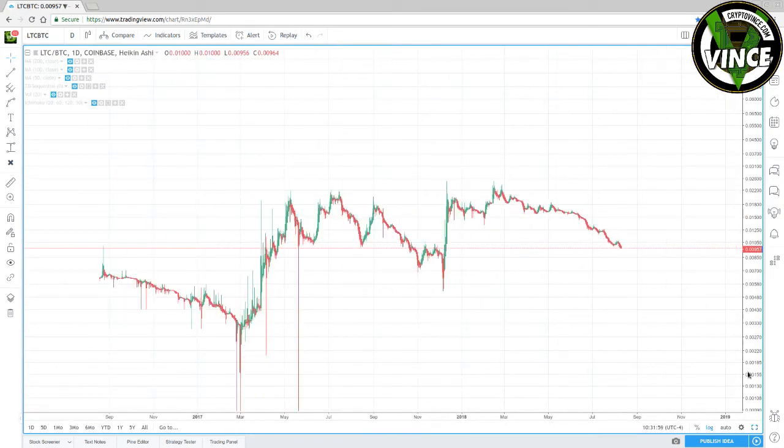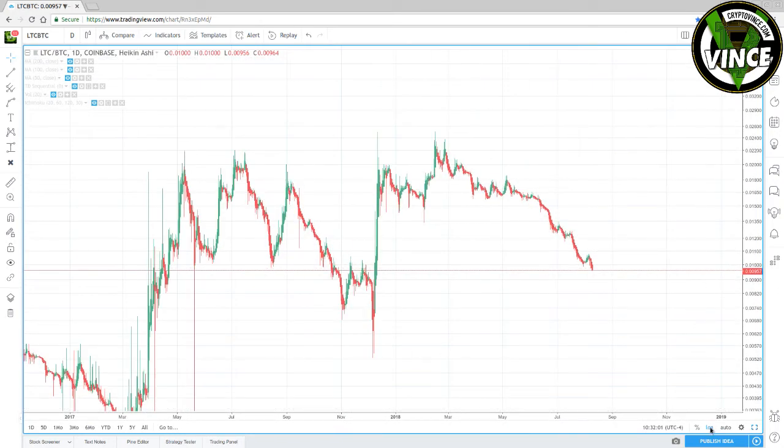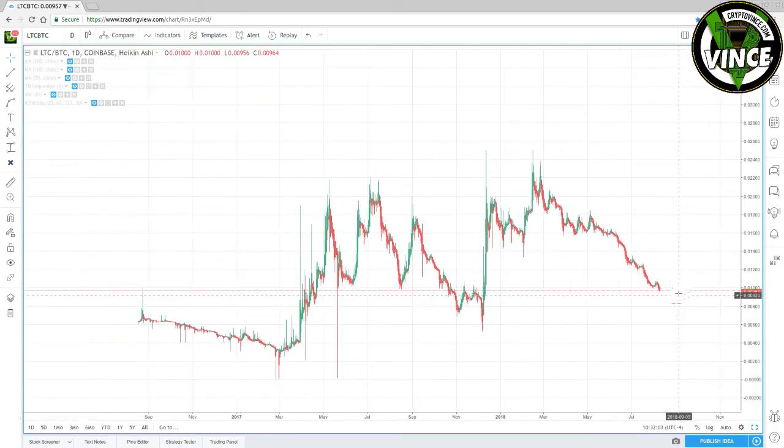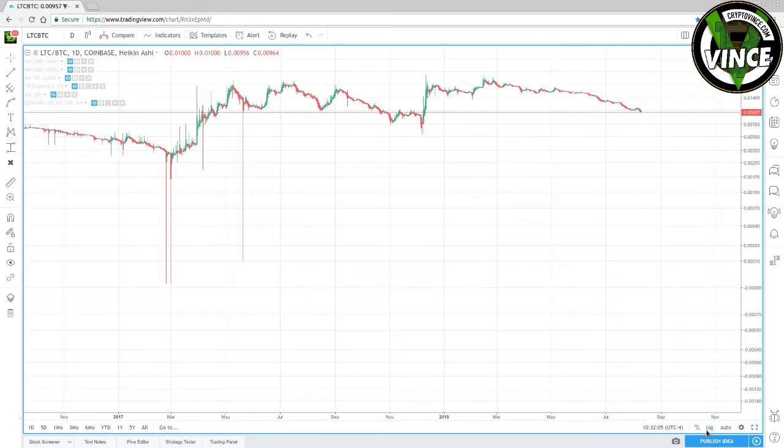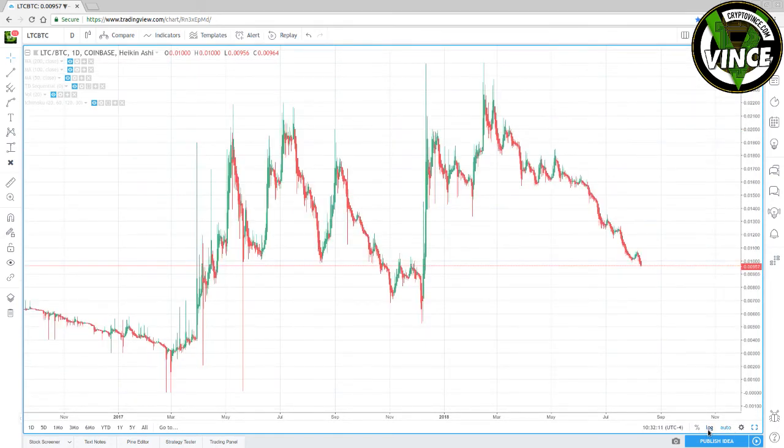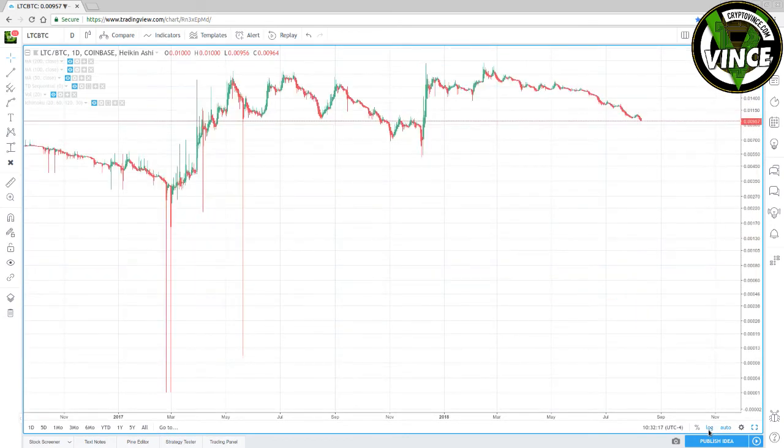Let's see, LTC BTC, linear scale. Actually, LTC doesn't change too much. There is some change. I mean, if you put auto, there will be a huge change. Here we go. Okay, so that's a big change for LTC.